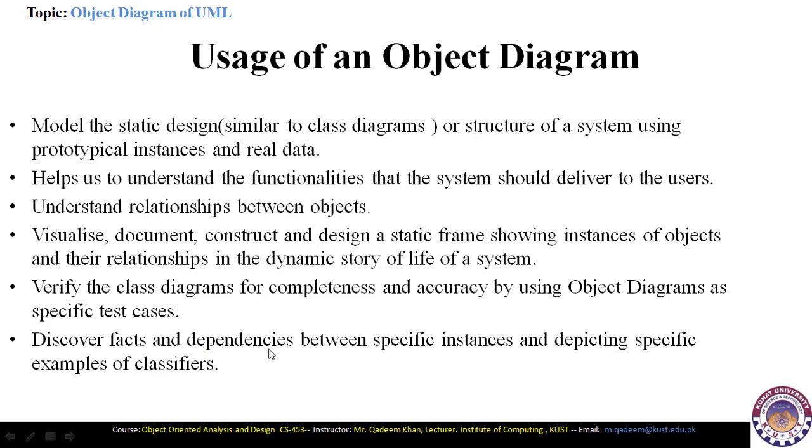When the existence of one object depends on another, and one object is changed or removed from the object diagram, then the other object will also be affected. This dependency can be obtained in the object diagram, like in the class diagram.